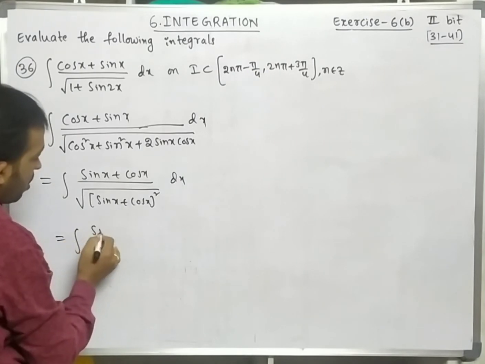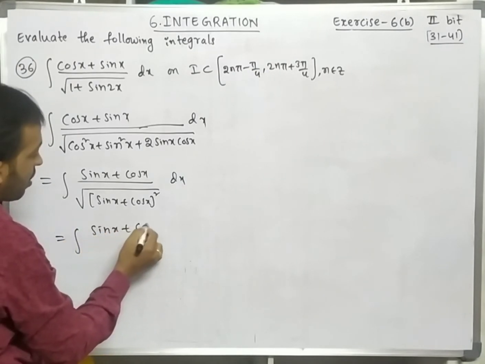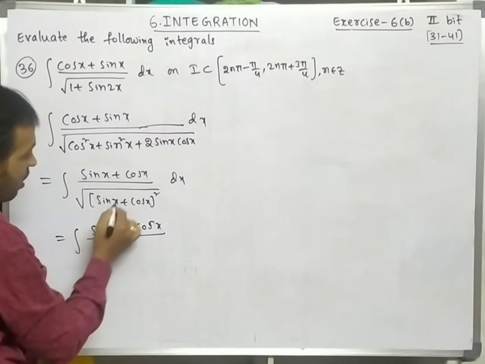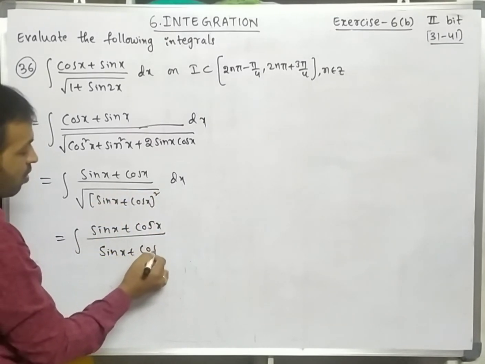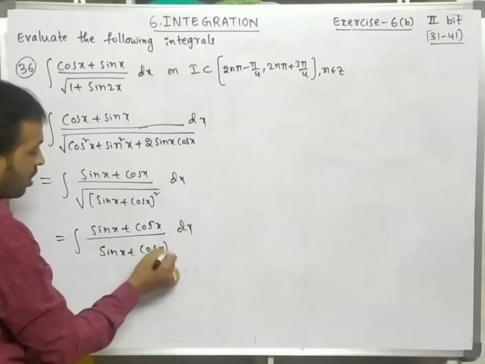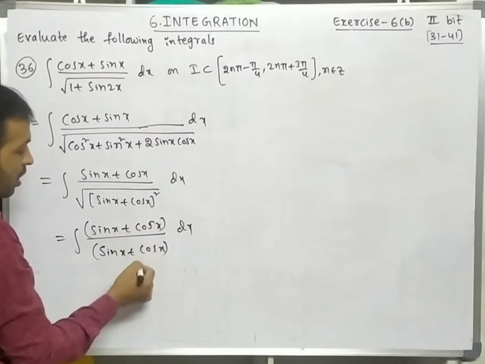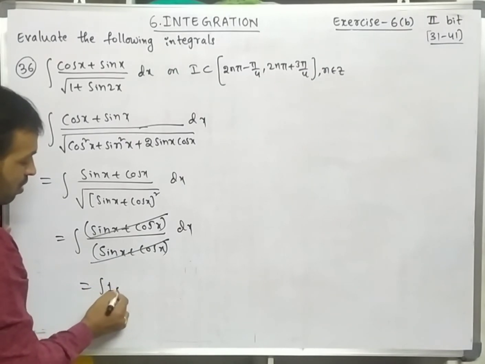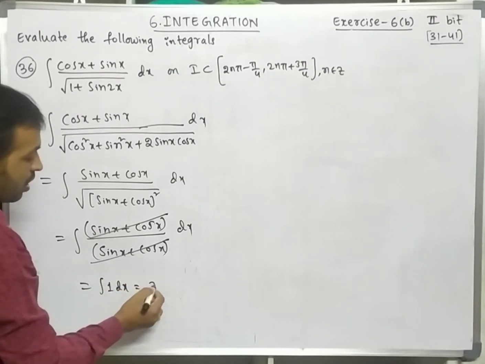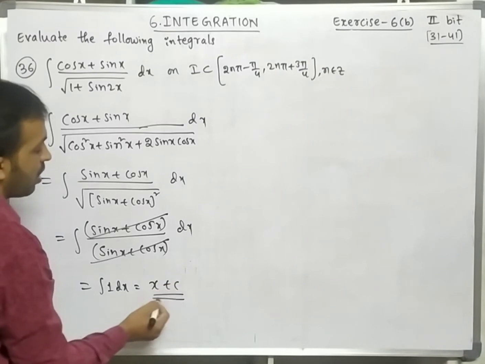So integration of sin x plus cos x, the square root cancels, by sin x plus cos x dx. Now the numerator and denominator are the same, so those two terms cancel. Integration of 1 dx is x plus c, the answer.